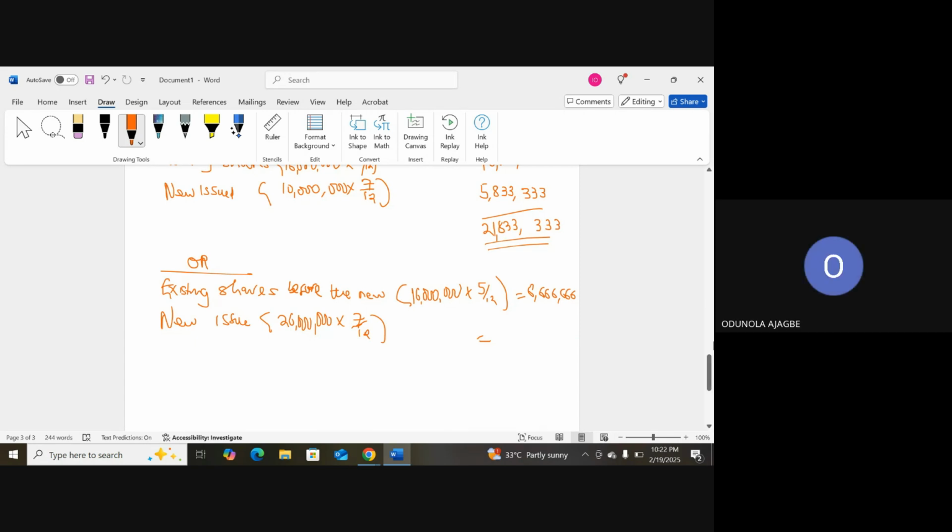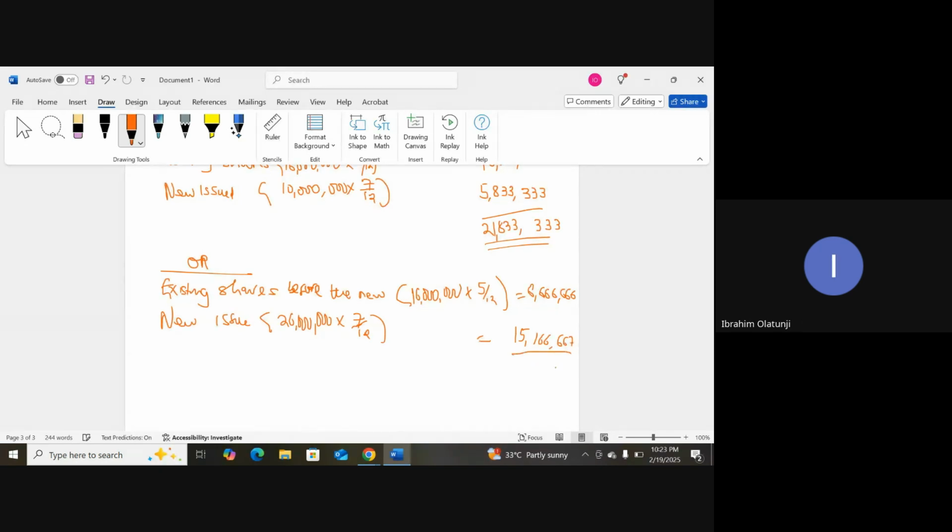That same one is 21. So that one will give us 15 million, 166,667. If you add it together, it is going to give us that: 15 million, 466 naira, 667.